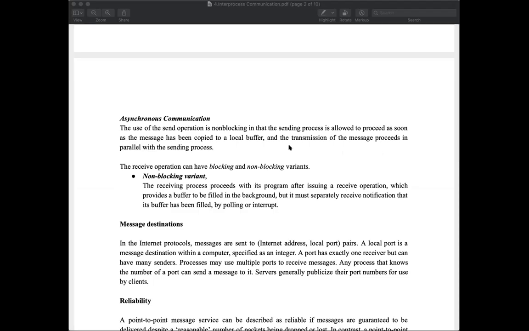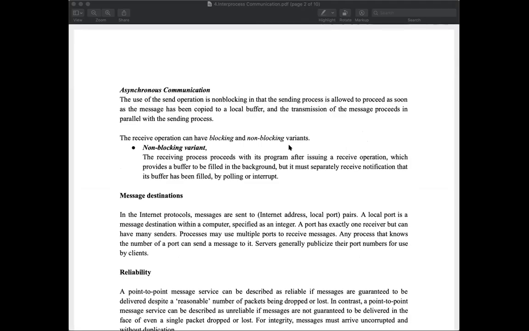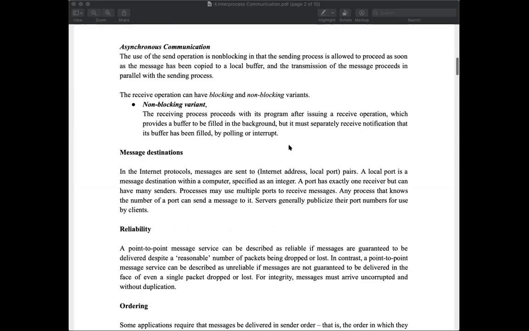So in that kind of setup, non-blocking should be addressed in the sender. Because of that, we mainly go with asynchronous communication from the sender side, but are not rather interested in the receiving party, right?